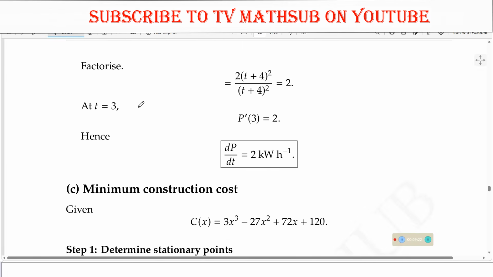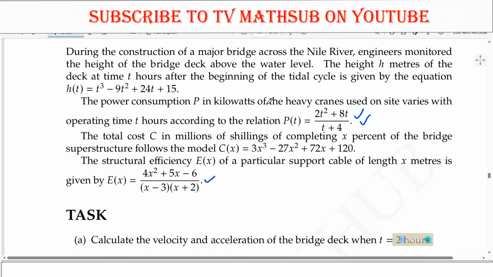So it means at t equal to 3, the rate will be 2 kilowatts per hour, because they are telling us that the power consumption P in kilowatts of the heavy cranes used on site varies with operating time t hours according to this relation.